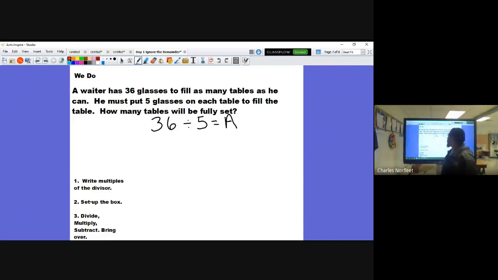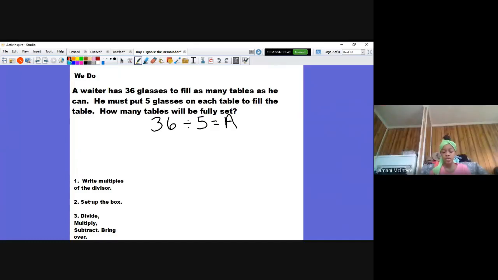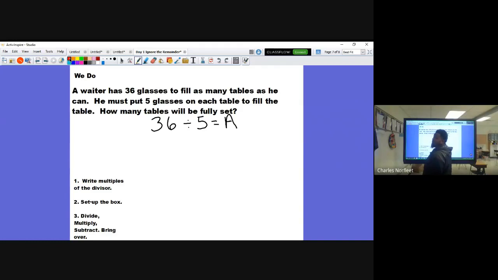So now we have to label. I need somebody to help me label this equation. Jamani. I need you to label. So we're going to label the equation, remember, with the vocabulary. Remember the 3 vocabulary words we learned last week?